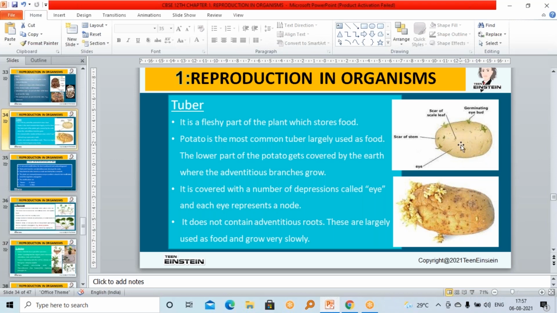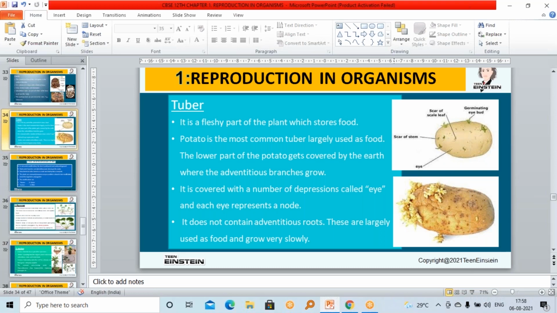You might have seen this on potato, right? There are numerous small depressions. Each eye is representing a node, and each node is bearing one or more buds, and they are subtended by leaf scar of scale leaf.